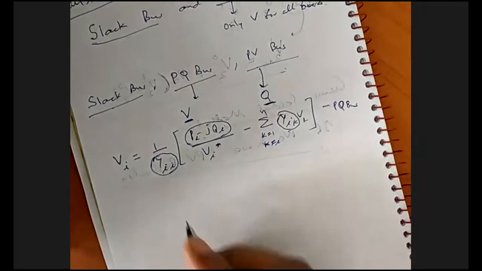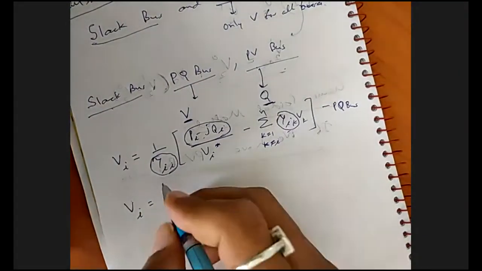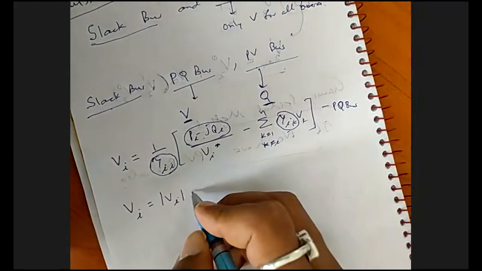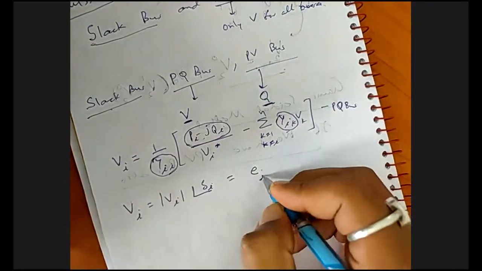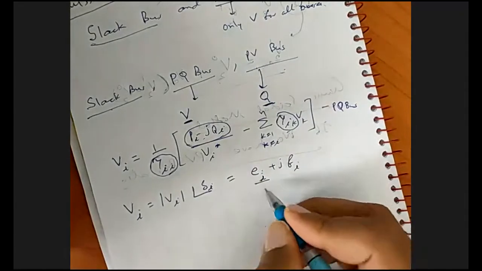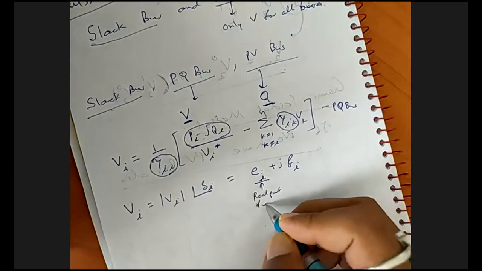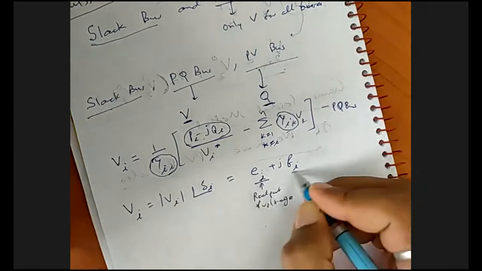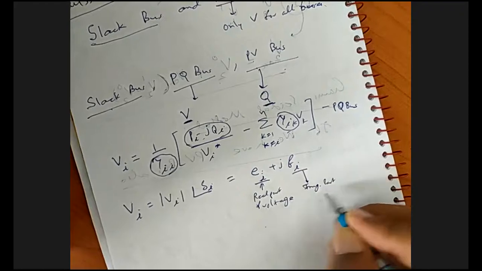We know that Vi is the magnitude of Vi with angle delta i, or we can write it as Ei plus jFi, where Ei is the real part of voltage and Fi is the imaginary part of voltage.